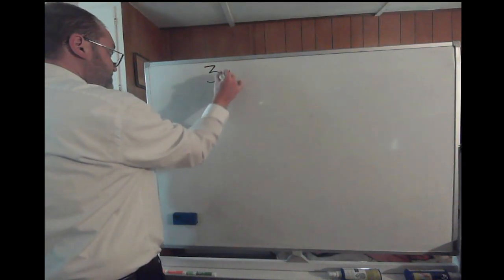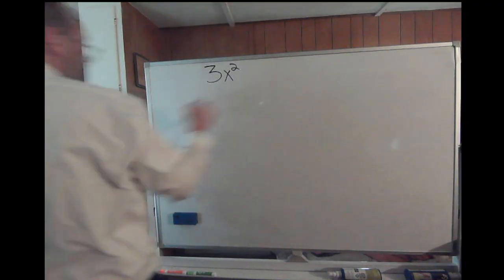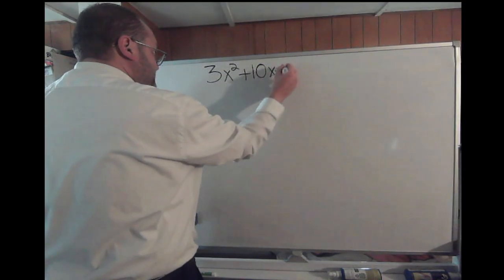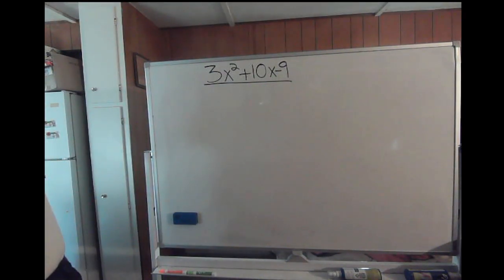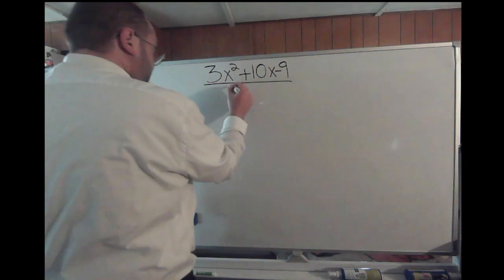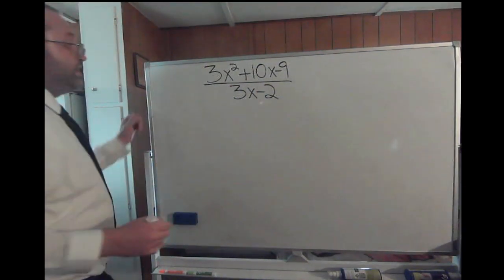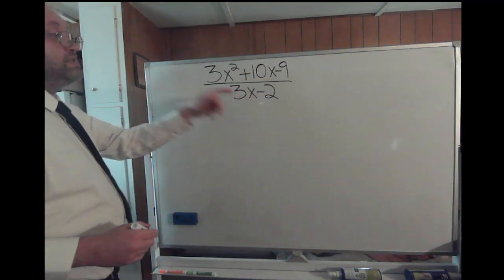Alright, see, 3x squared plus 10x minus 9 divided by 3x minus 2. So we got 3x squared plus 10x minus 9 divided by 3x minus 2.